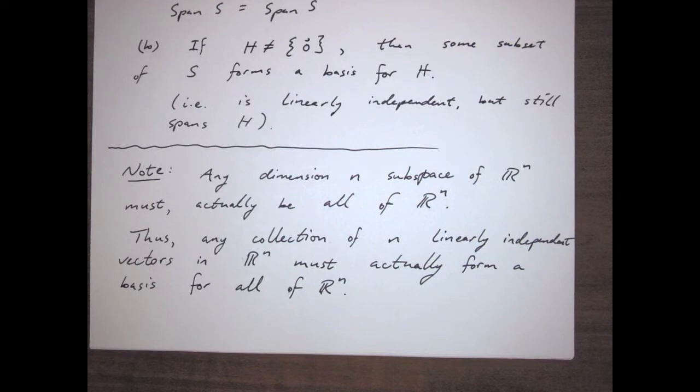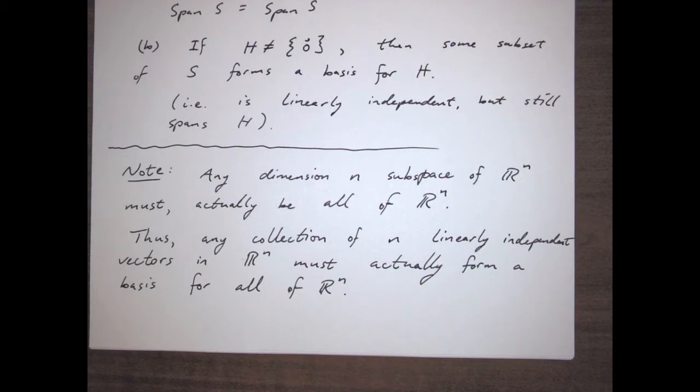So if we have any collection of n linearly independent vectors in Rn, then those will span some set H. Now, if they are linearly independent, that means they will actually form a basis for H. But if H has a basis with n elements, that means by definition that it's n-dimensional.